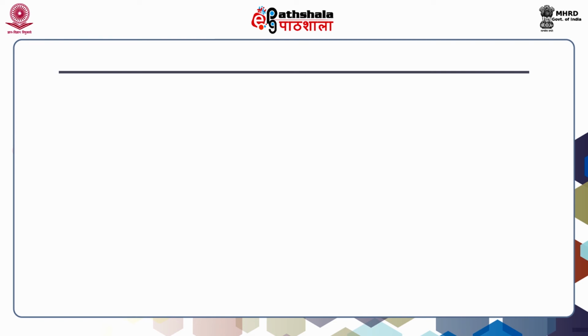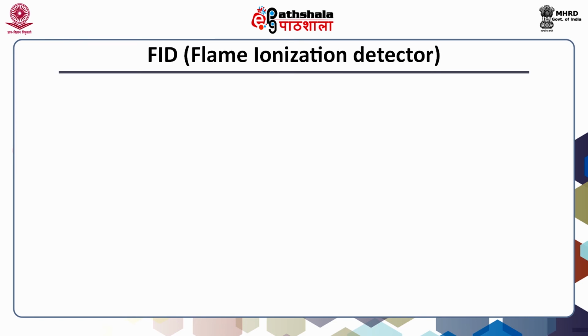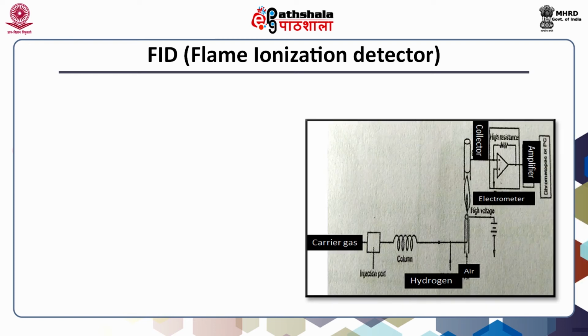So, here we will discuss a little bit about the flame ionization detector. As its name indicates, the material is ionized by a flame. We are ionizing the material which is eluting out from the column, and it is a very popular detector because of its very high sensitivity. It is generally said that its sensitivity goes even up to 10 raised to power minus 13 grams per ml of the material.